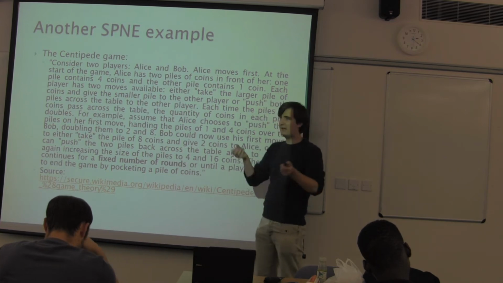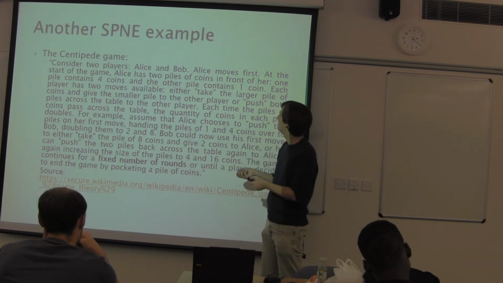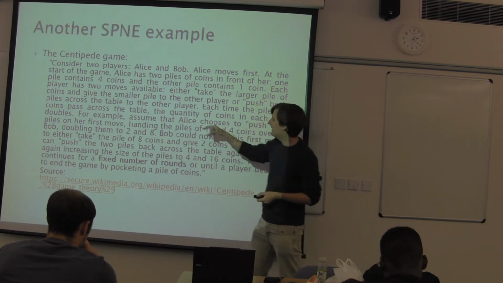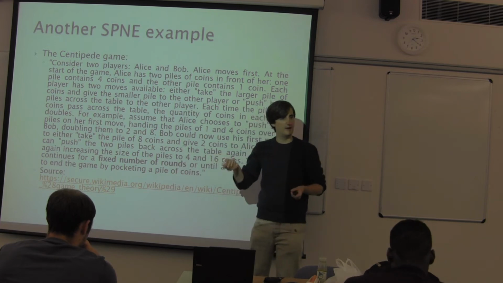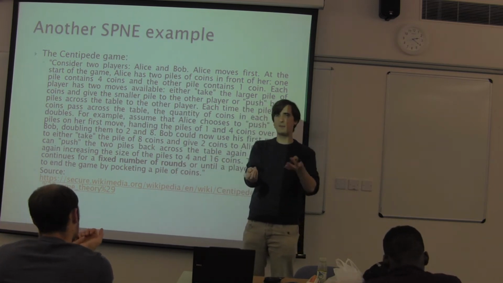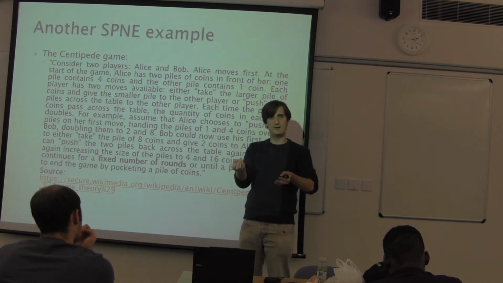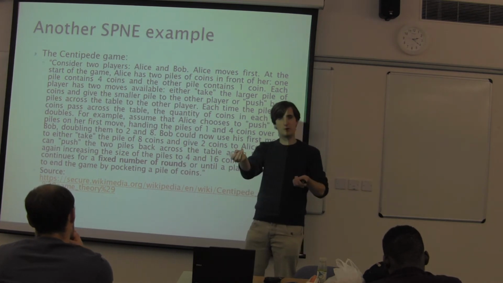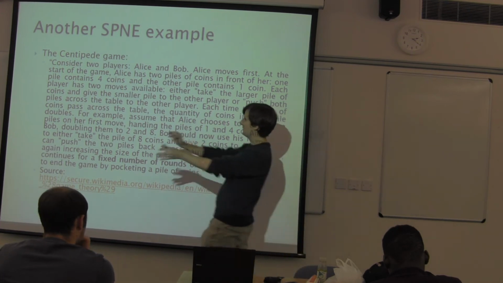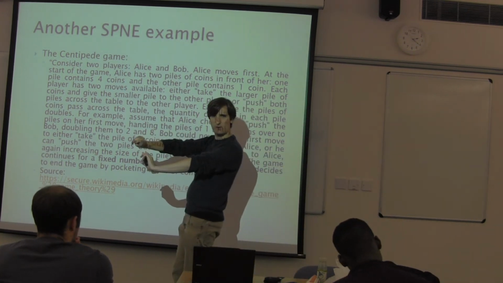She can either take the larger pile, in which case the other player gets the smaller pile, gets the 1. So at the start of the game, Alice has 4 coins and 1 coin, so she can either take 4 coins and give 1 coin to the other player, or she can push both piles of coins across the table.